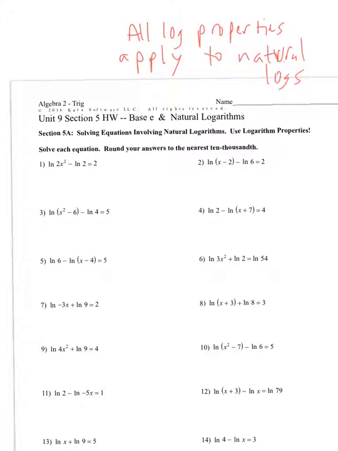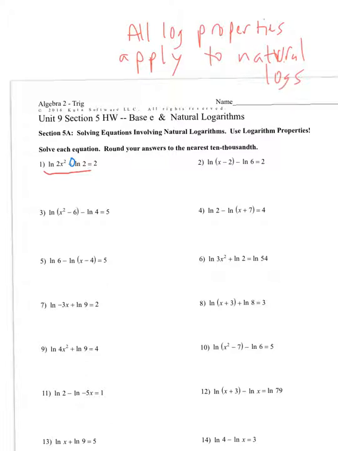So if you look here, we'll do number 1 first. So I've got this ln of 2x squared minus ln of 2. So the natural log of 2x squared minus the natural log of 2 is equal to 2. So if you look at what you're doing, that's two different logarithms on that side. And if you think back to one of the properties, when we're subtracting logs, we write it as a quotient or division.